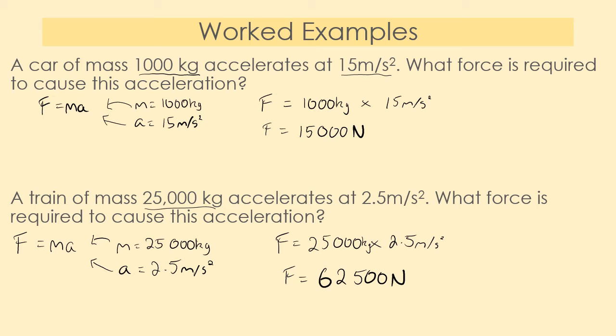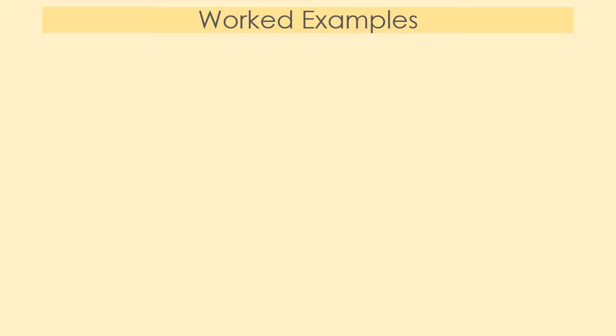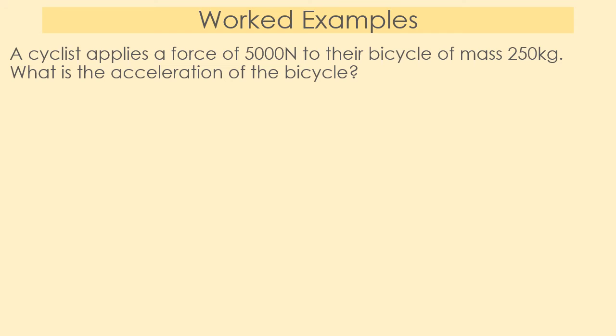If you followed along with that, we're going to do a few more worked examples. If you're feeling happy with those, do them yourselves and just check that you've got the right answer, and you can move on to the questions. So a cyclist applies a force of 5,000 newtons to their bicycle of mass 250 kilograms. What is the acceleration of the bicycle? Noticing we're trying to find the acceleration now, so it's something slightly different. Still going to start off the same way, F = ma.